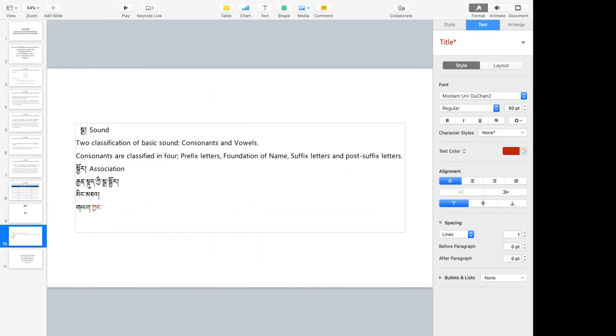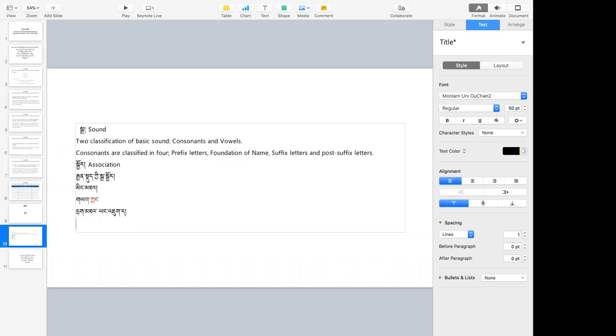But the actual word is takta, which is also known as Yangju ta. So therefore, takta or Yangju ta, Yangjuk means post-suffix letter ta. If we have any name with this post suffix letter, it is followed by kyang.